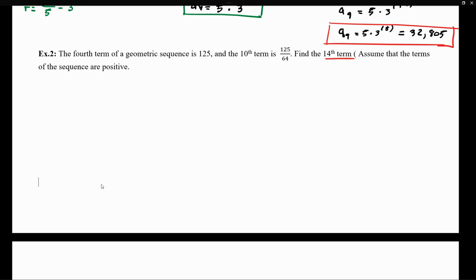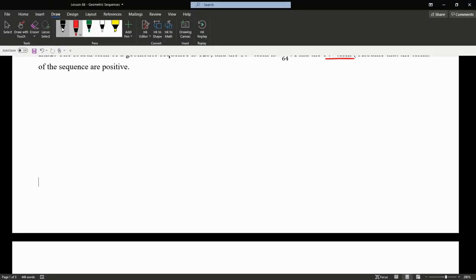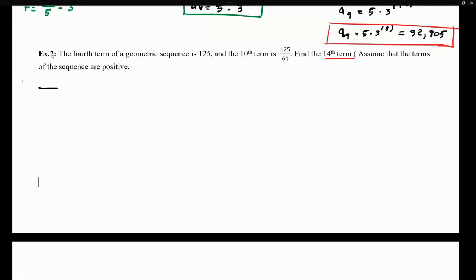One way that we can do this is to actually draw what's going on here. I know that there's going to be some kind of a sequence going on here. My first term, second, third, fourth, fifth, sixth, 7, 8.